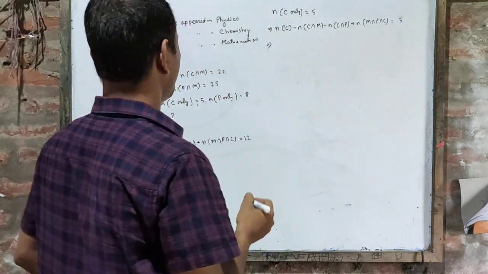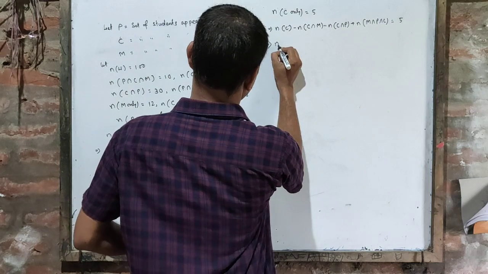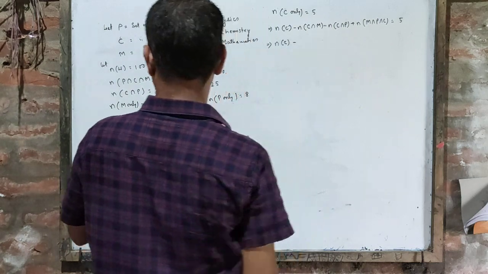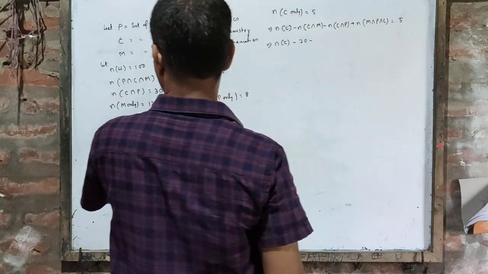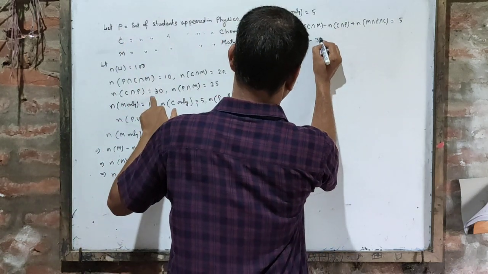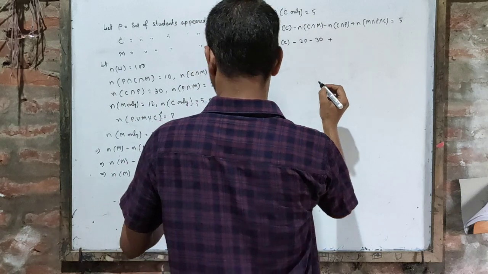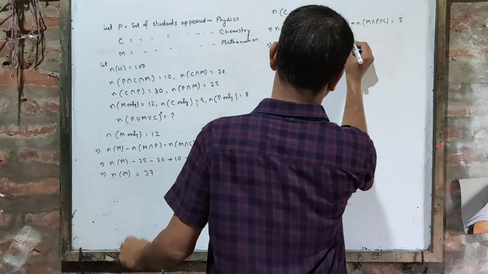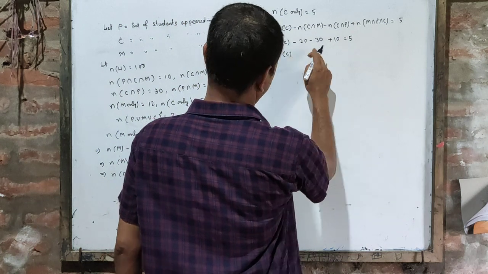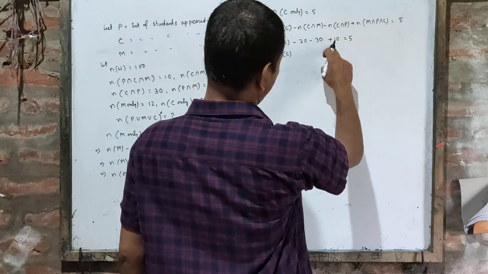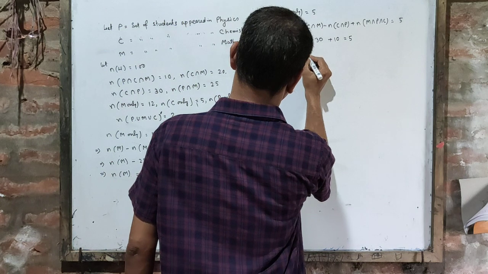N of C is not known to us, so leave it. N of C intersection M is 20 minus C intersection P is 30 and intersection of all the three sets is 10 is given to be equal to 5. This implies N of C is equal to 50, 40 will go there and will become 45.